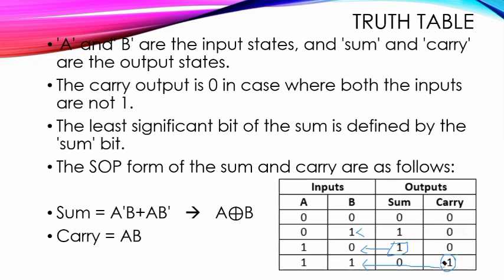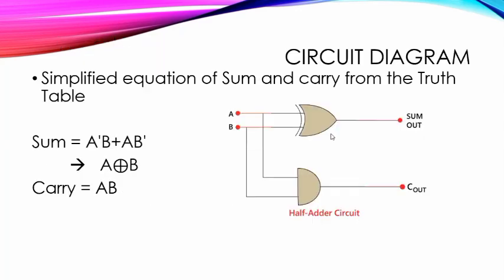Okay. Now let's find how to draw the circuit diagram using these equations. That is, sum is A XOR B, carry is A into B. A XOR B is nothing but an XOR gate, right?